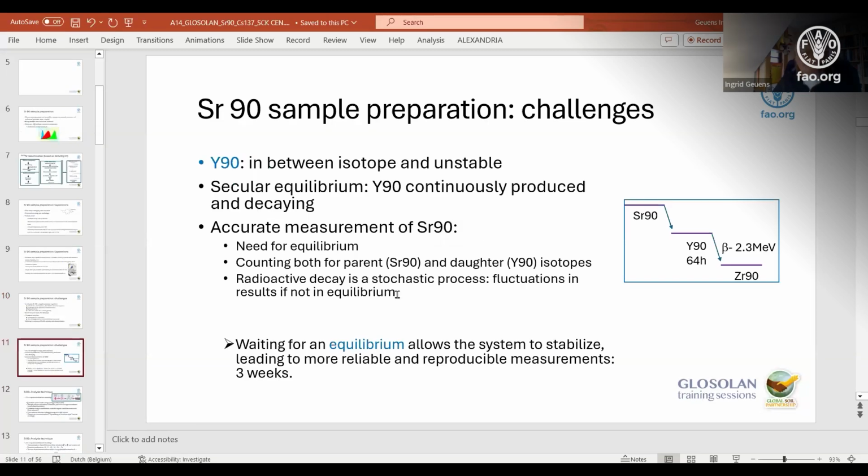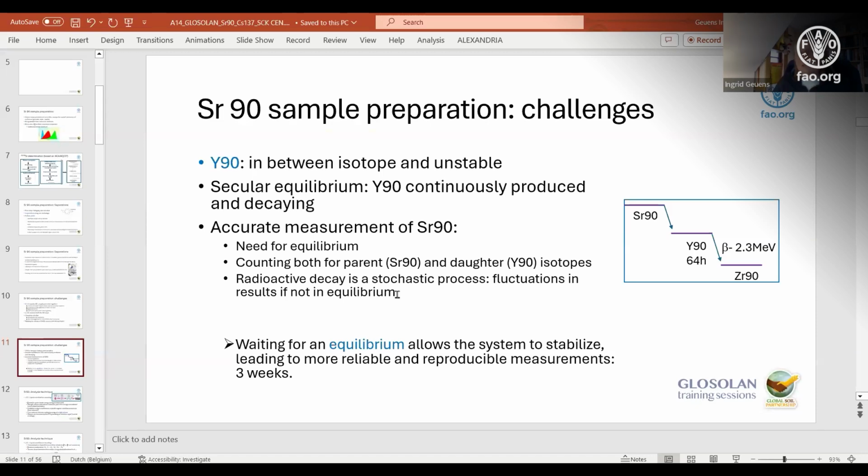There is another challenge. We said already strontium-90 is going to yttrium-90, but yttrium-90 is in fact an in-between isotope, and it's unstable. So while you're measuring, the strontium-90 is still going to yttrium-90, but the yttrium-90 is already going away.